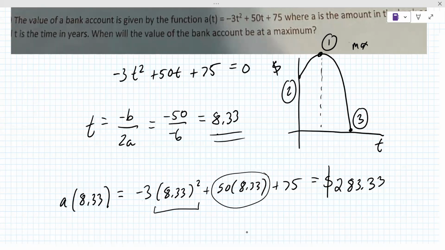Negative 3 times 8.33 squared plus 50 times 8.33 plus 75. Yeah, now I got the same result you did. Okay.